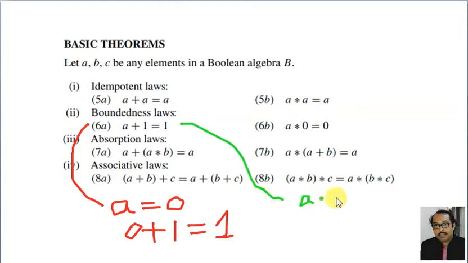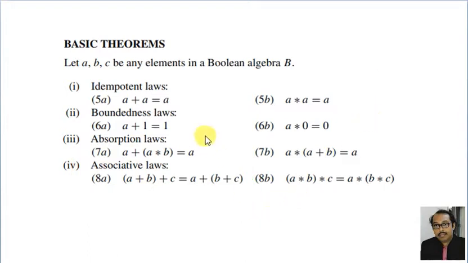Suppose a is 1. Then it is 1 plus 1 is equal to 2. You cannot write 2. I told you it is only dealing with 0 or 1. So 1 plus 1 is equal to 1. Similarly, in case of this one, if you multiply a value with 0, it is always going to be 0.